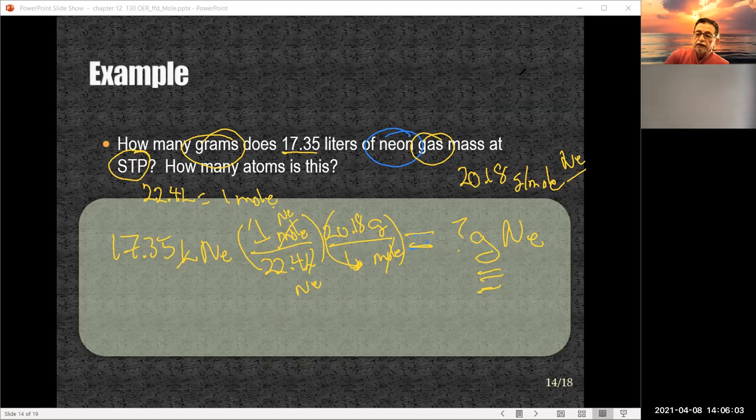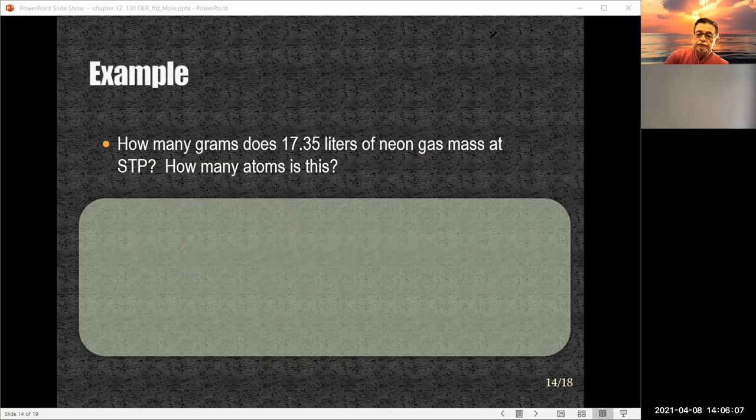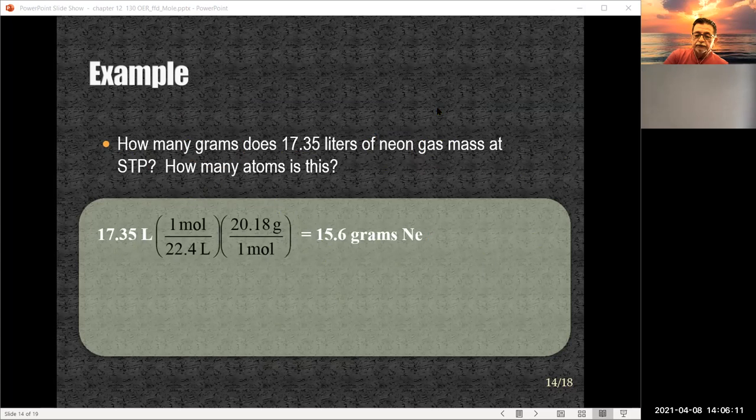Let's see. So here we go. The first factor, you can see that, converts it to moles. Then the second factor converts it to grams. So I need 2 factors in this particular problem. The second part says, how many atoms do I have here?